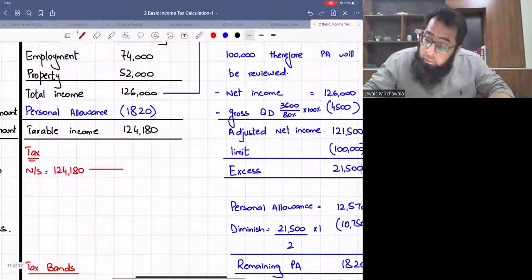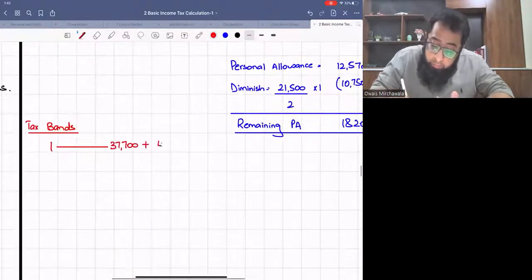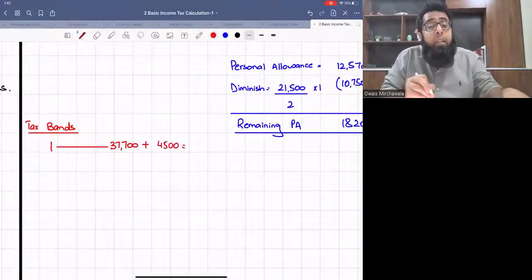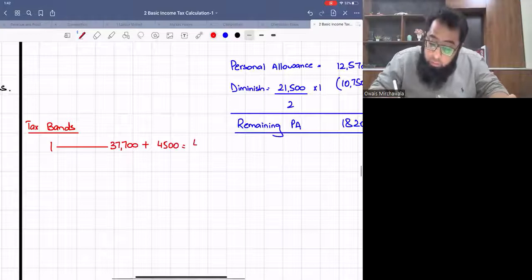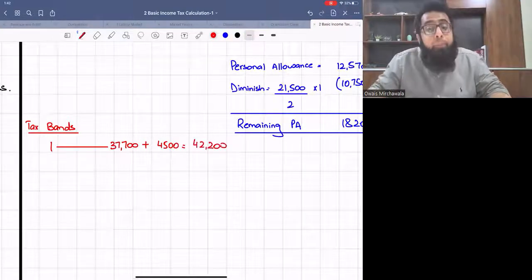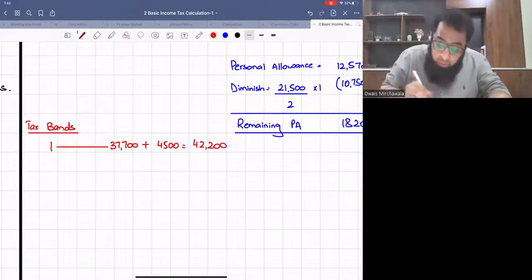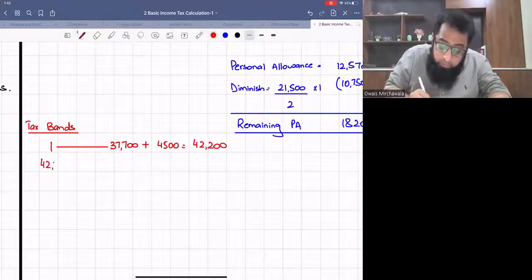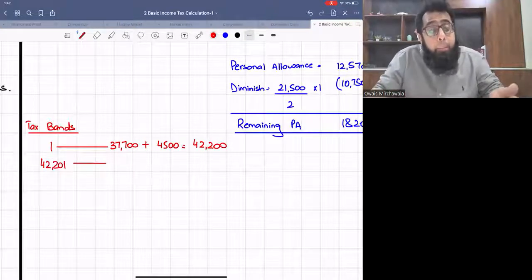Your gross qualifying donation was 4,500. Now, your basic rate band will be till how much? 37,700 plus 4,500, so it's 42,200.